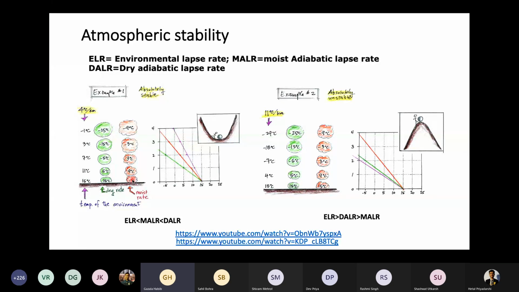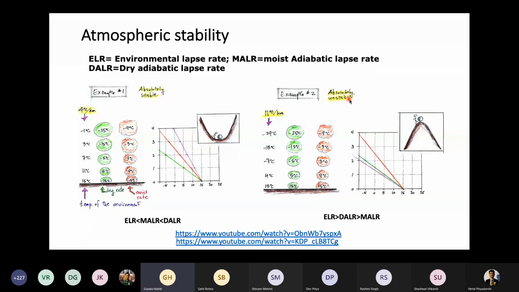Then its lapse rate is 6.5, say 6 degrees centigrade per kilometer. So its temperature will reduce to 9 degrees centigrade at 1 kilometer, 3 at another 1 kilometer, and so on. Again the temperature of this air parcel will be lower than the surrounding temperature. The air parcel will be heavier, therefore it will sink, it will not go up. Clear? Is there any question?